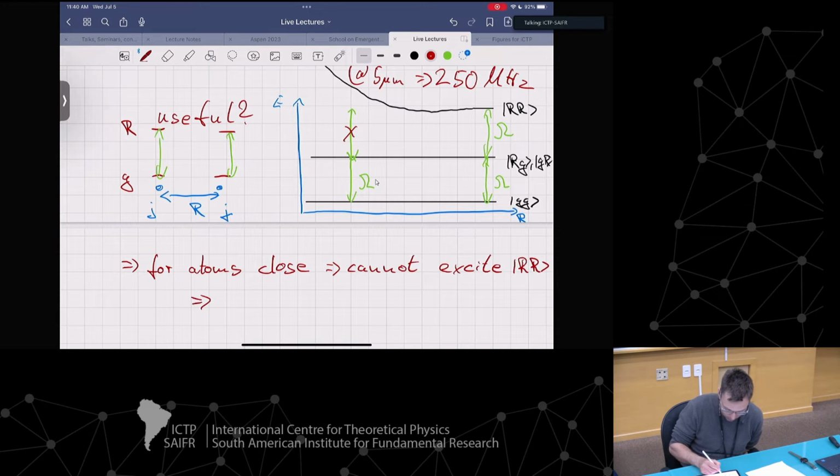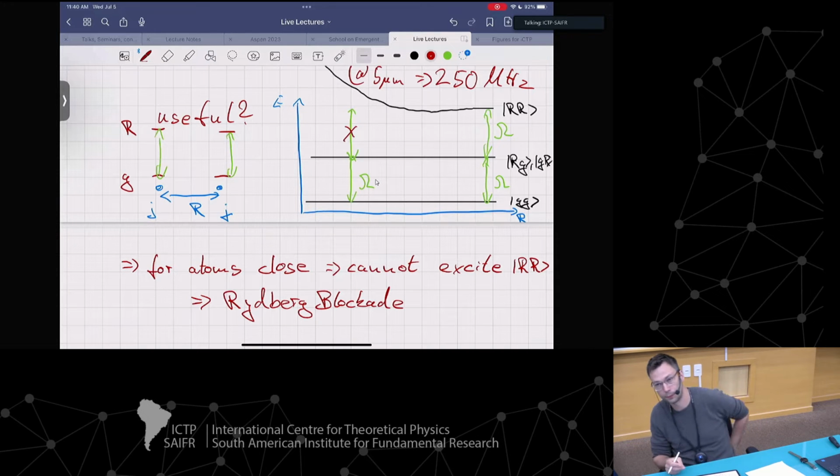And this has a name. This is called Rydberg blockade. This one is really important. We will see that it is at the foundation of doing 2-qubit gates and quantum computing, but it's also at the foundation of doing many-body physics.